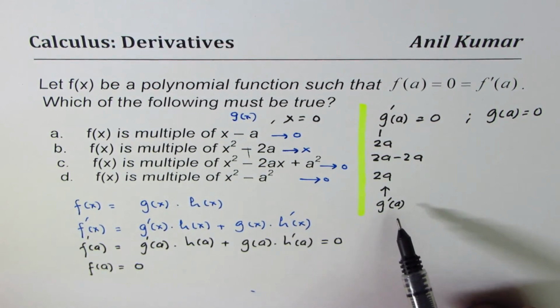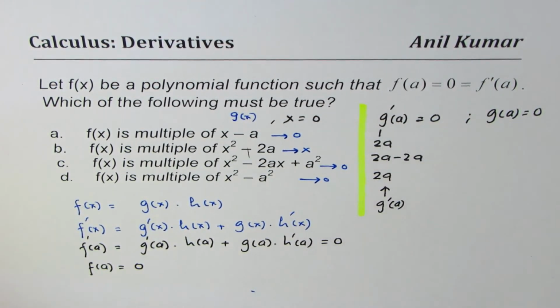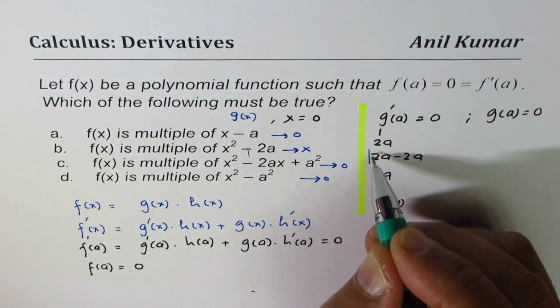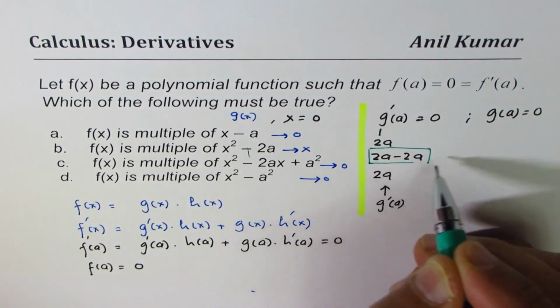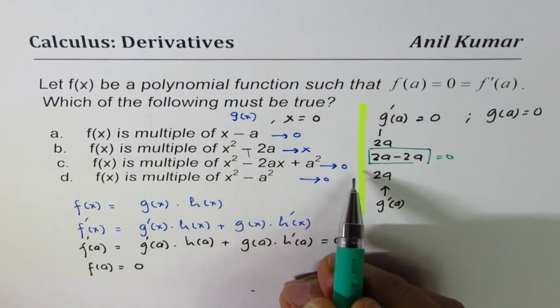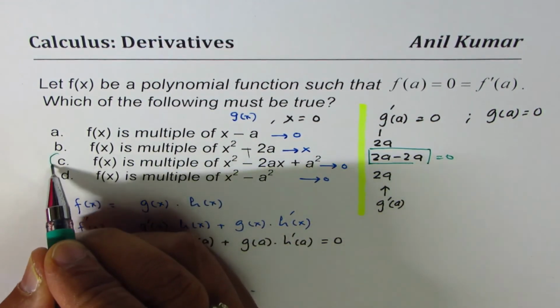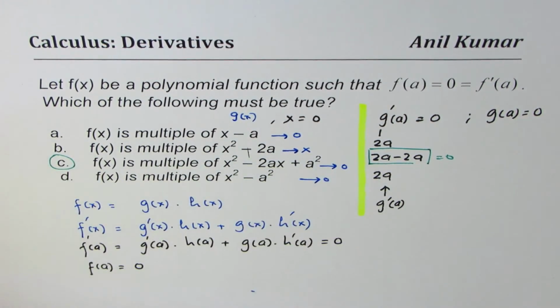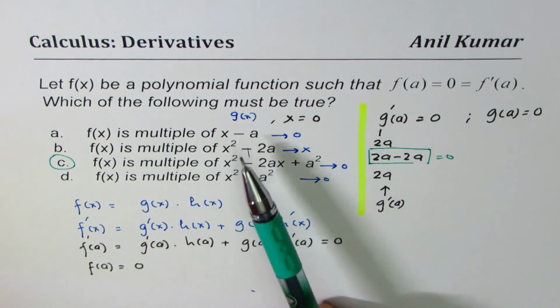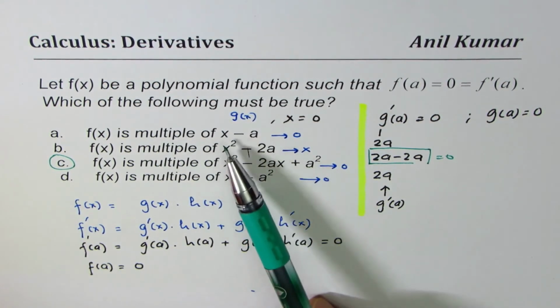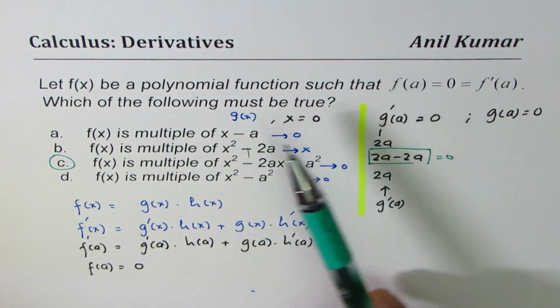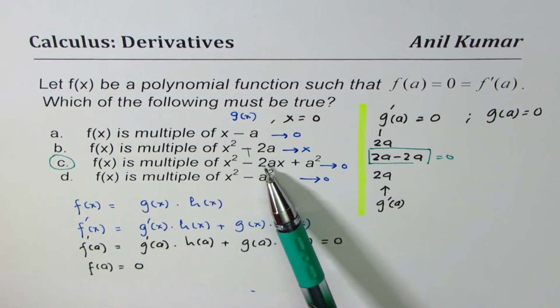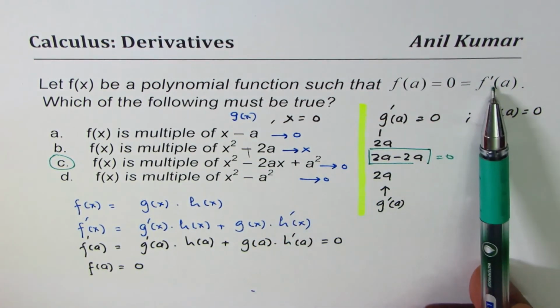Is it okay? So we find out of these, the only answer which matches is the one given here, 2a minus 2a is 0. Do you see that? And therefore, that is the correct option. That is the correct option, correct? So whatever functions we are given, they should be 0 at a, and their derivative should also be 0 at a, correct?